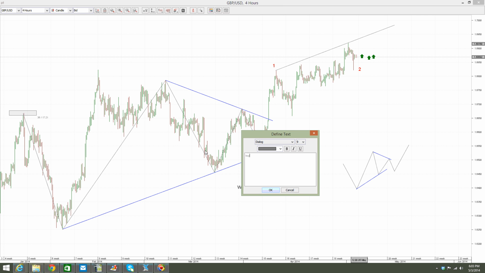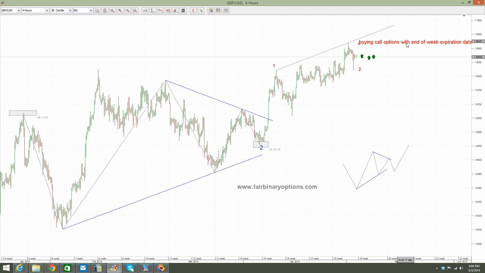So buying call options with end of week expiration date is the thing that I'm interested in, and most likely the outcome for next week.